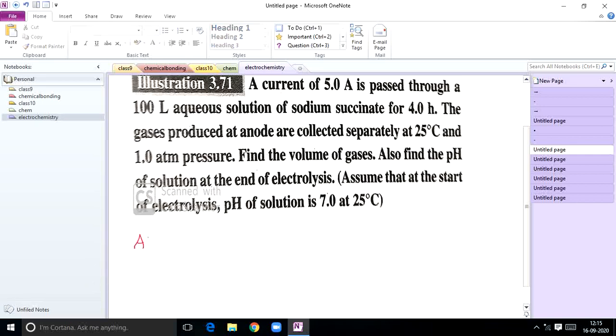So, at anode, generally for sodium succinate, what are the gases liberated? Ethylene plus 2 carbon dioxide plus 2 electrons. That is the actual equation observed during the mechanism.